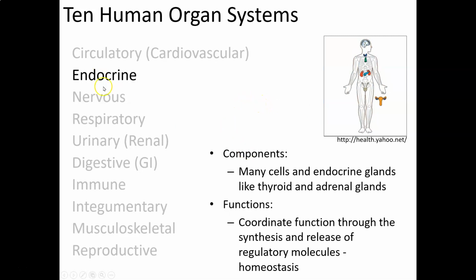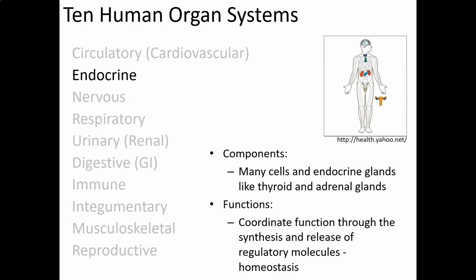Next one's endocrine system. I think sometimes students don't get a good idea of exactly what the endocrine system is, even from their experiences in anatomy. I think all students know that some of our endocrine glands produce hormones. In fact, that's by definition what they do.